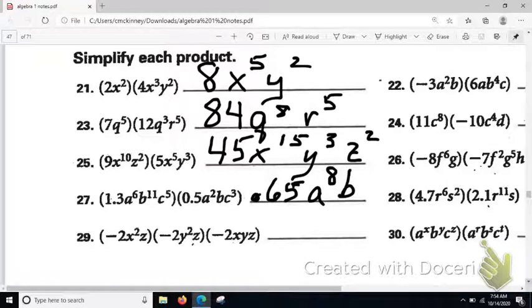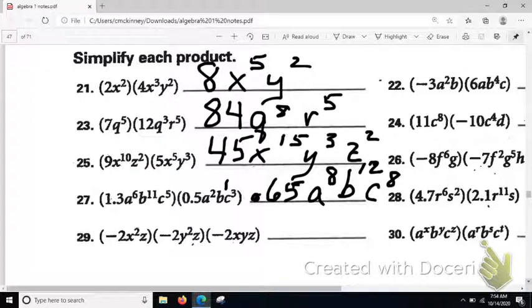Then the B, 11 plus, here's the tricky part. That B who doesn't have an exponent, it's understood that he has a 1. So that second one does bring another B to the product. So 11 plus 1 makes B to the 12th. And then C, 5 plus 3, C to the 8th.